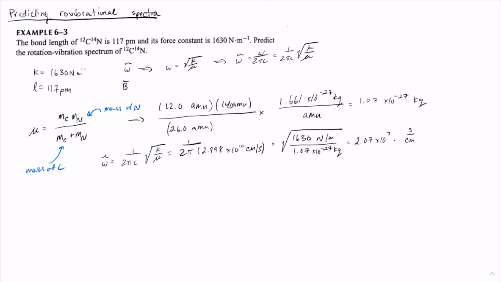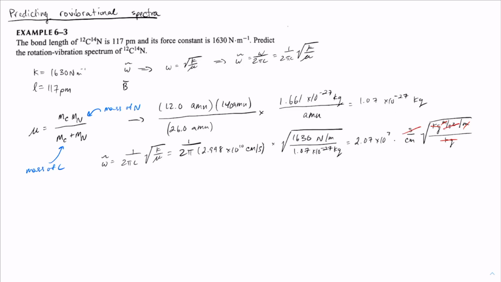Inside the square root, units for newtons are kilograms meters per second squared, divided by meters, and all of this divided by kilograms. We can cancel the kilograms and the meters, and then we have a 1 over second squared in the square root, which gives 1 over seconds, and seconds per centimeter outside the square root, so these two will cancel as well.